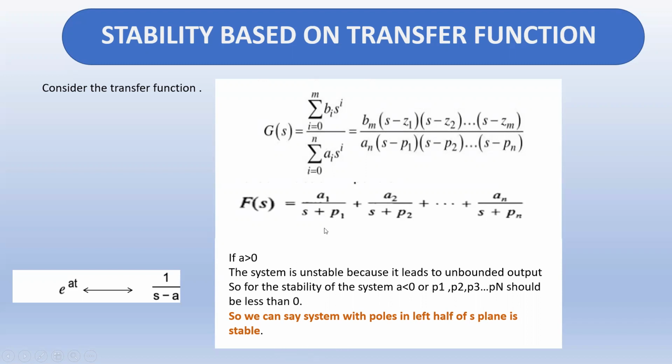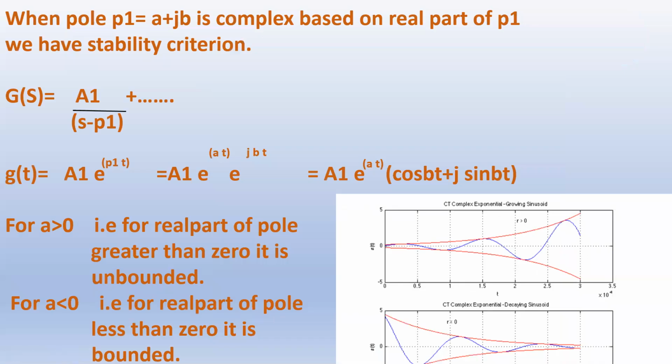The poles may be complex numbers, having a real part. If this real part is negative, then we have an exponentially decaying function, thereby yielding stability.